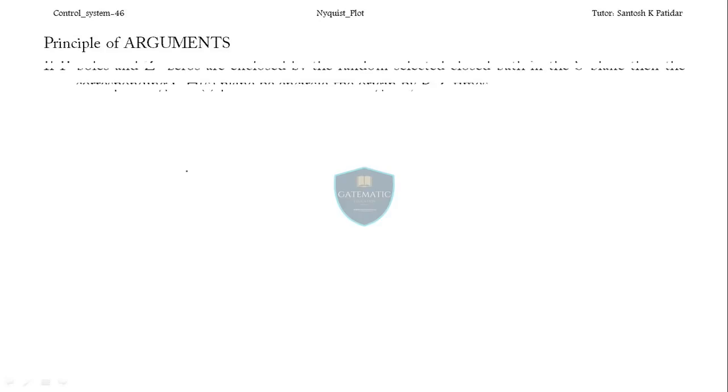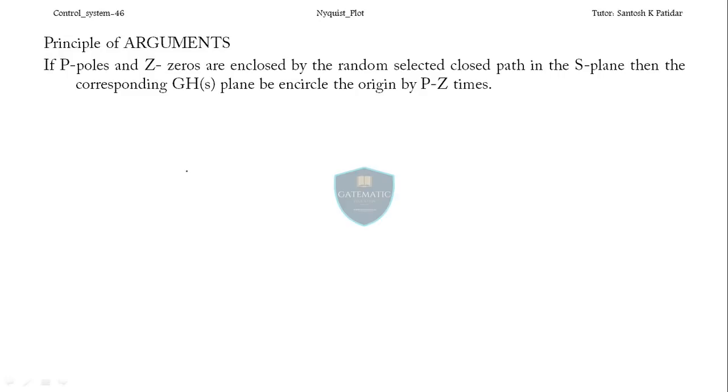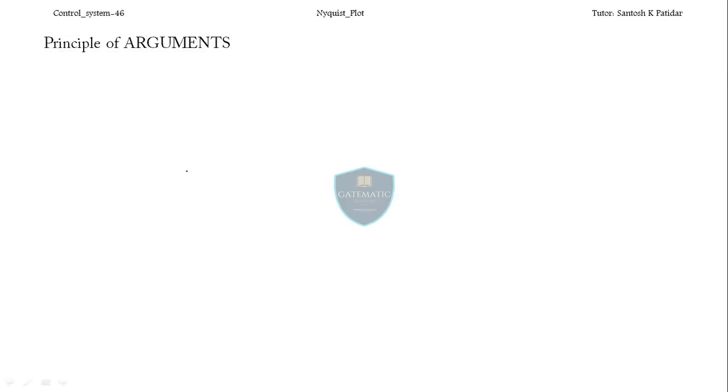So the principle of argument, what is this? But before that, let me discuss the mapping. What mapping says, friends, is: if you have two planes, one is the S plane, and in the S plane suppose you have some poles and zeros.